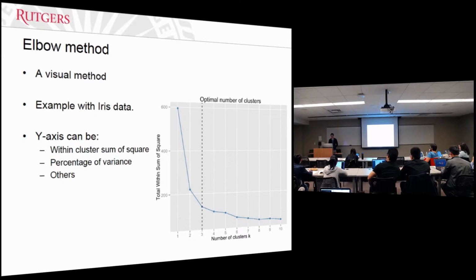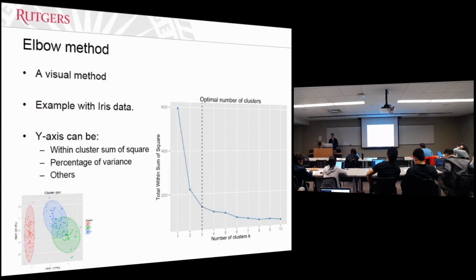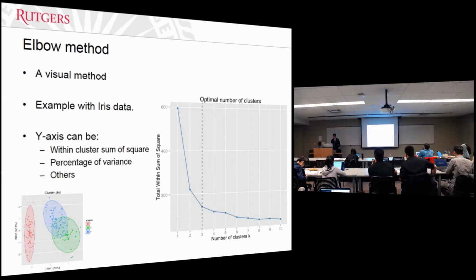As long as it can be a monotone function. So you can see from the lower left picture, the arrows actually have 2 clusters overlapped. So we can either say we have 3 clusters, or we can say we have 2 clusters.